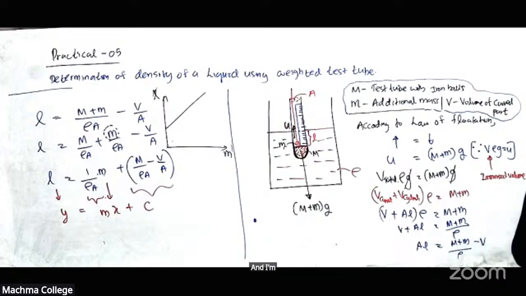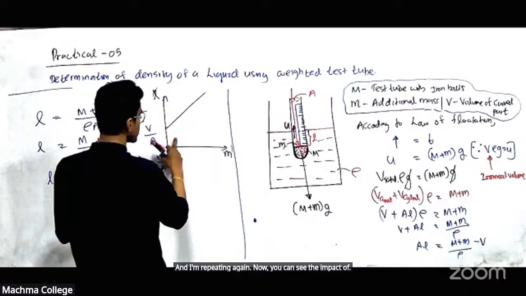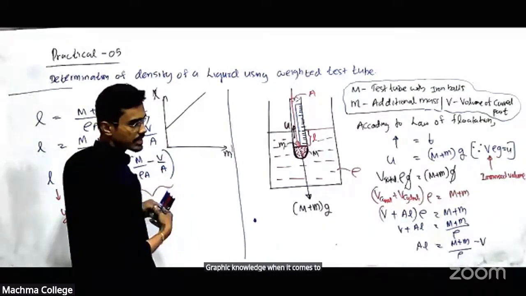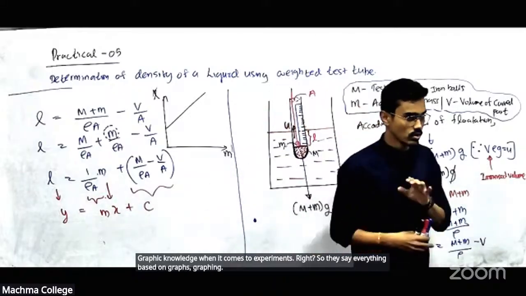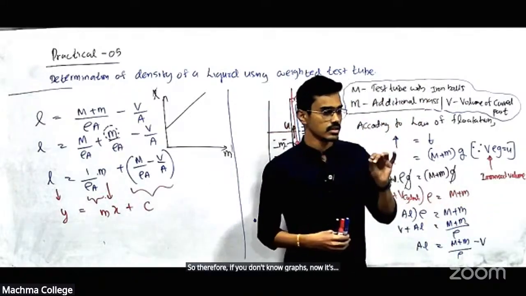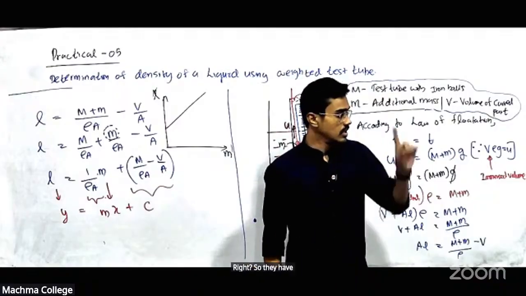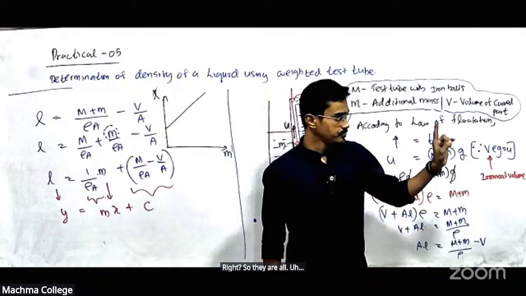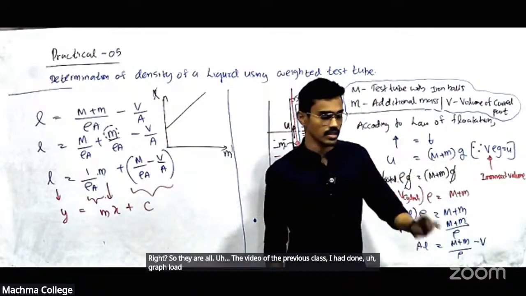And I'm repeating again. Now you can see the impact of graphing knowledge when it comes to experiments, right? This is everything based on graphs. So if you don't know graphs, if you are 26, that is too late. The video of the previous class I had on graph plotting is still on the channel.